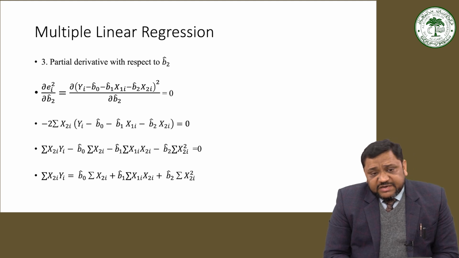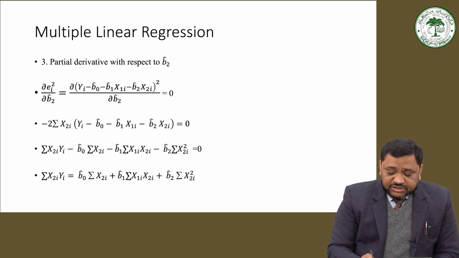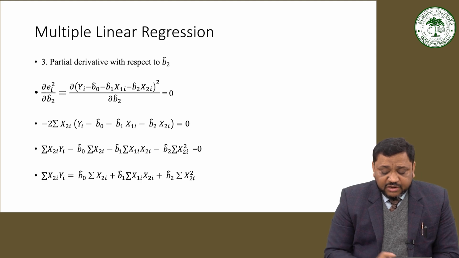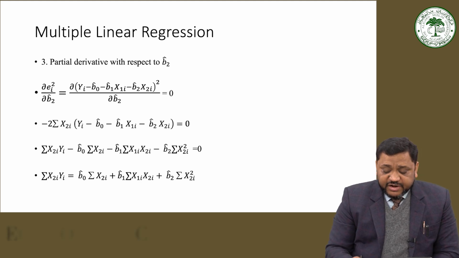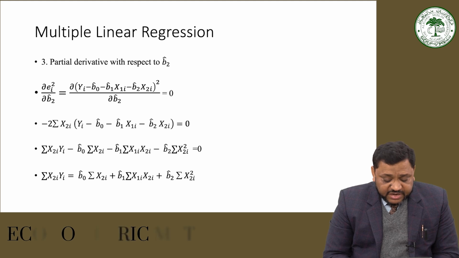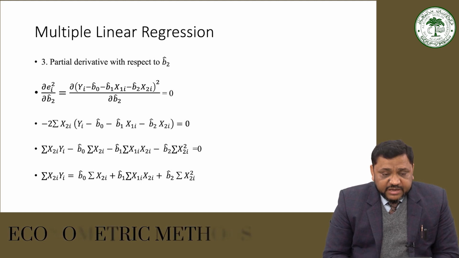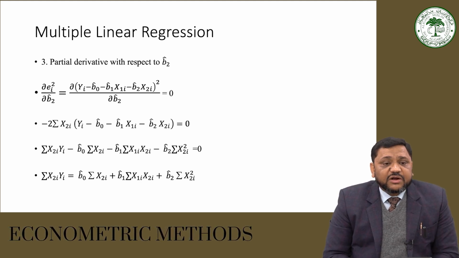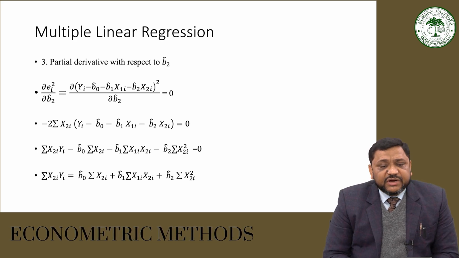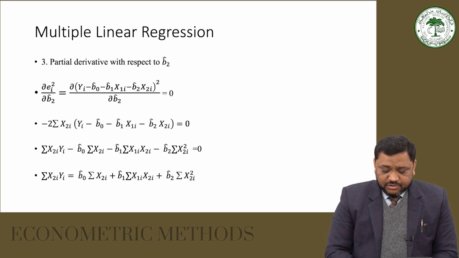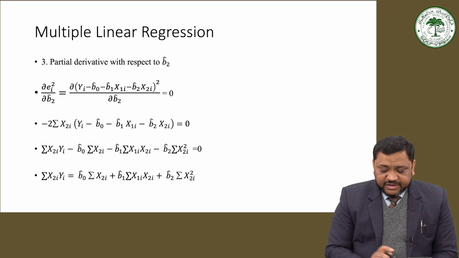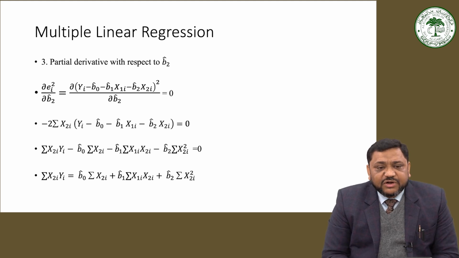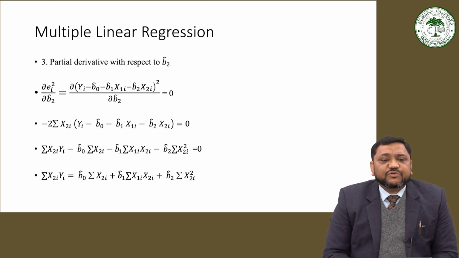So just again rearranging, we take all these terms to the right hand side. Upon taking all these terms to the right hand side, we get the third normal equation as summation x2i yi is equal to b0 hat summation x2i plus b1 hat summation x1i x2i plus b2 hat summation x2 square.